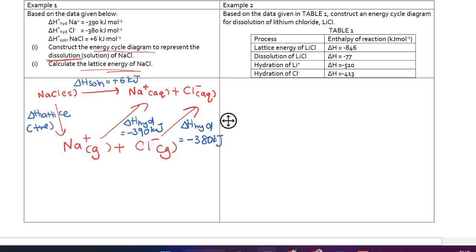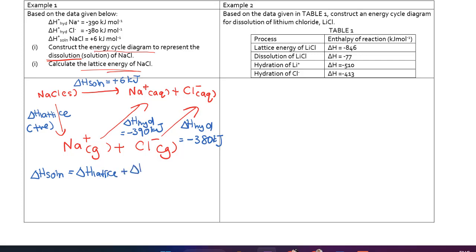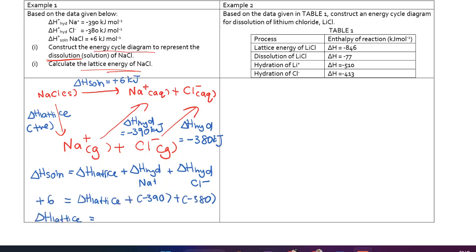According to Hess's law, enthalpy of solution is equal to lattice plus hydration of Na plus plus hydration of Cl minus. We insert the values, so you will get positive 776 kilojoule per mole.